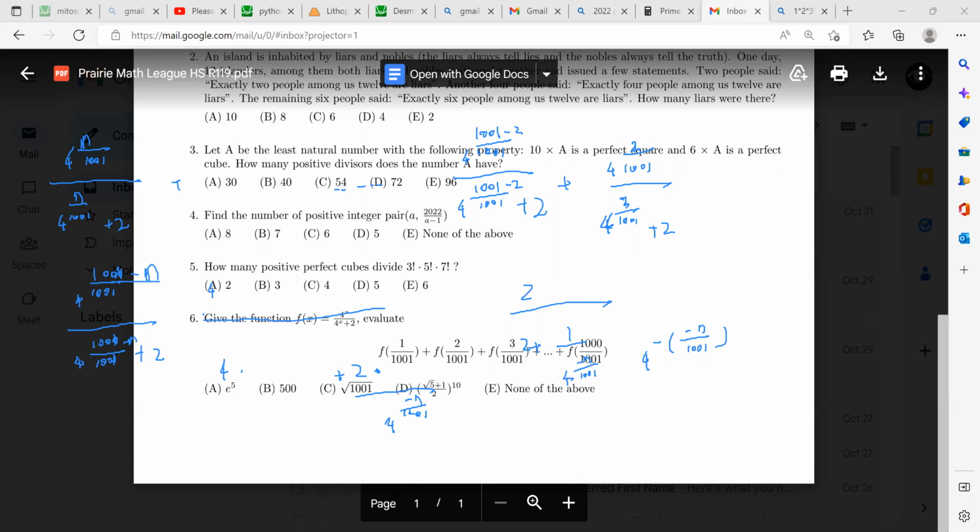The negative is equivalent to 1 divided by. So let's write negative instead. Now notice we can simplify this again. Instead of writing that, we write this instead. And now notice we can simplify again. This is equal to 4 to the n divided by 1001. Okay, and you might be seeing something.